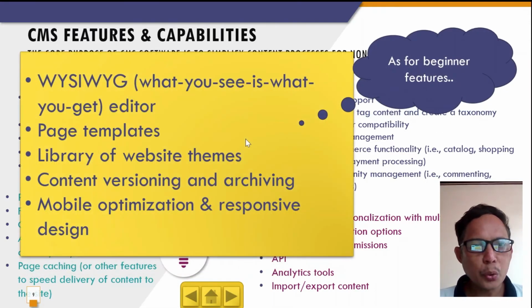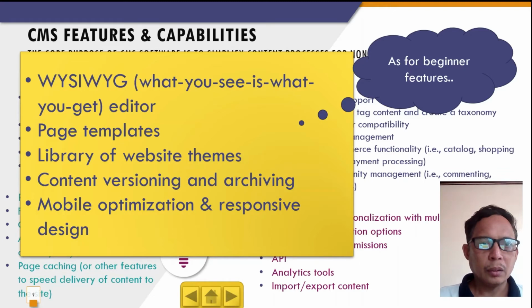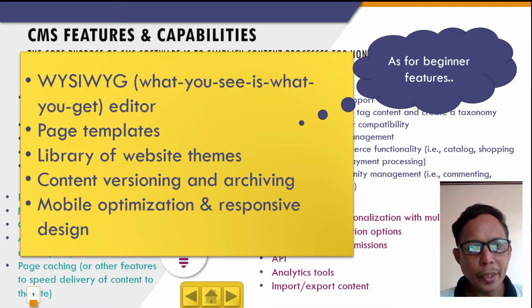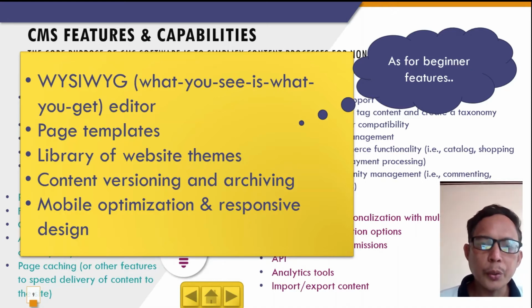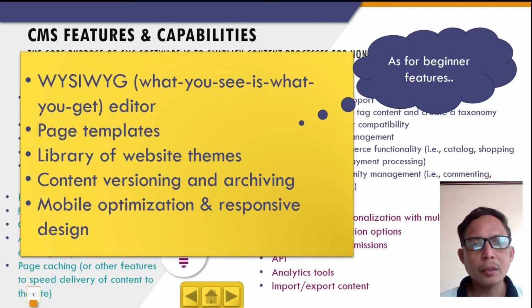As for beginner features, one of the features and capabilities of the CMS is that it is a WYSIWYG editor. WYSIWYG means what you see is what you get. It is like using a productivity tool, for example Microsoft Word.